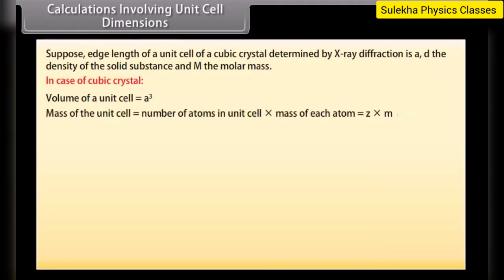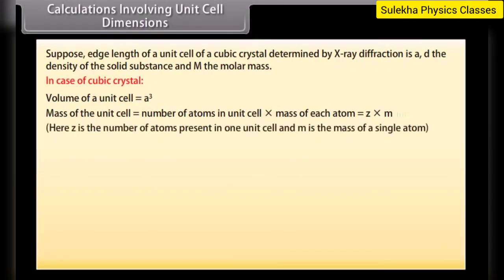Mass of the unit cell is equal to the number of atoms in the unit cell times the mass of each atom, which is equal to Z times m. Here, Z is the number of atoms present in one unit cell and m is the mass of a single atom. Mass of an atom present in the unit cell, m, is equal to M upon Nā.